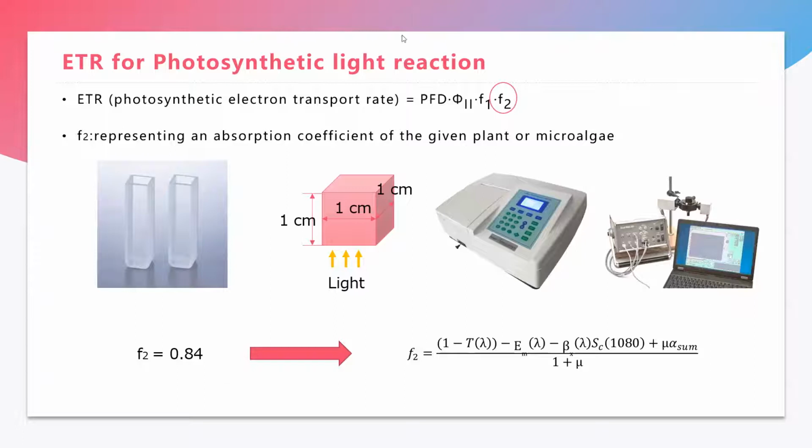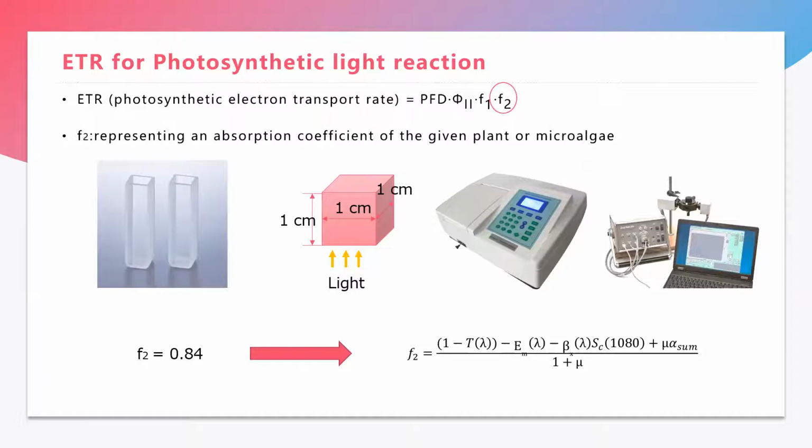And here is the formula of ETR, composed of a light intensity. In this formula, it was written by PFD and so-called Φ PS2 and two constants. One is F1.